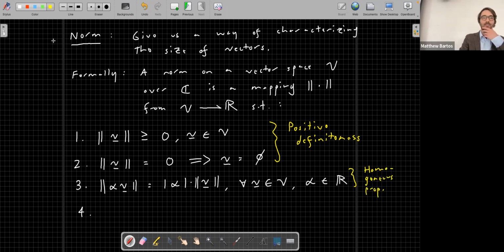Okay, and the final requirement for a norm is that if you take 2 vectors and add them together, and then you take the norm, so let's say we have vectors u and v and we add them together and take the norm, this has to be less than or equal to the norm of our vector u plus the norm of our vector v. And this is called the triangle inequality.